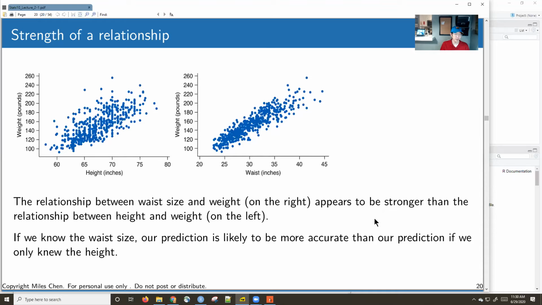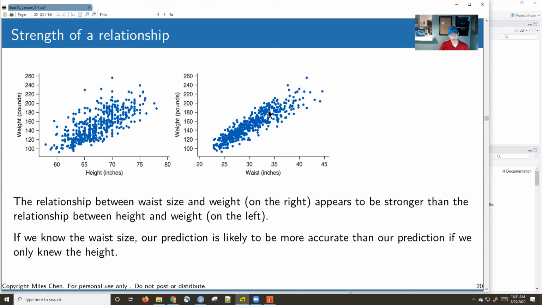So here we can look at two variables and look at the relationship between a person's height measured in inches and the person's weight measured in pounds. And we can also look at the relationship between the person's waist size, so how big their waist is, versus their weight in pounds as well. And what we see is in this scatter plot, there's less scatter, right? These are more spread out vertically, okay?